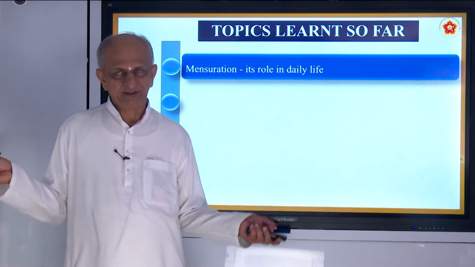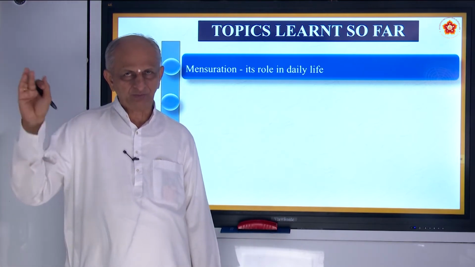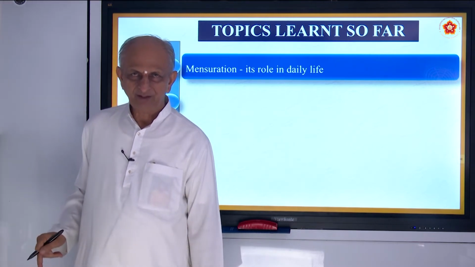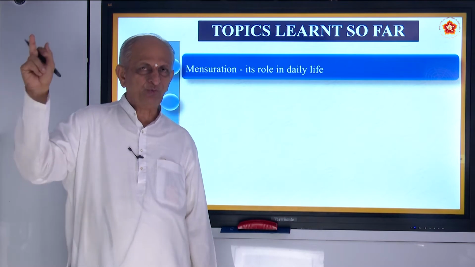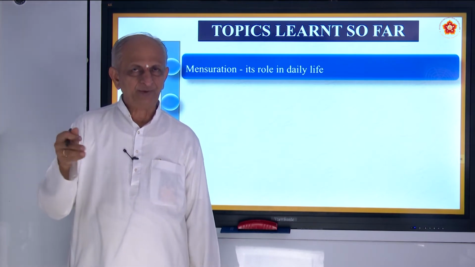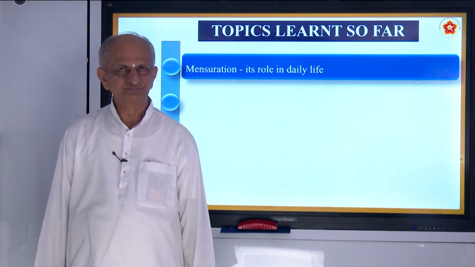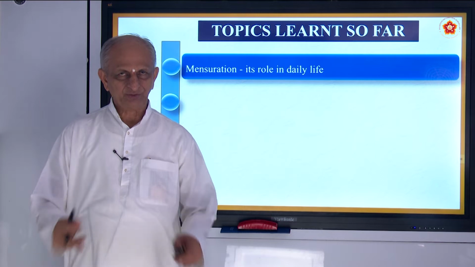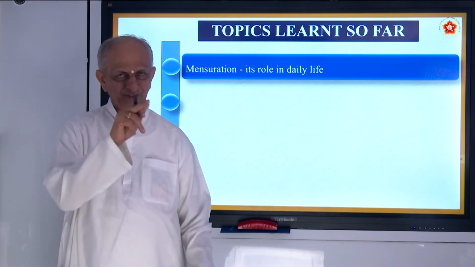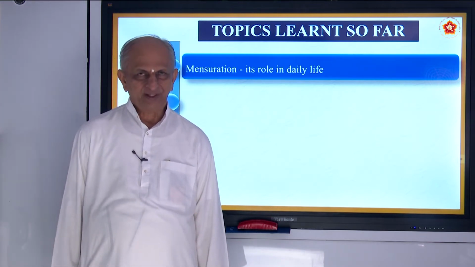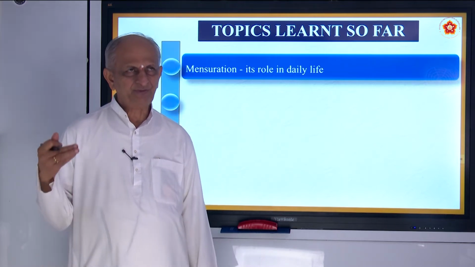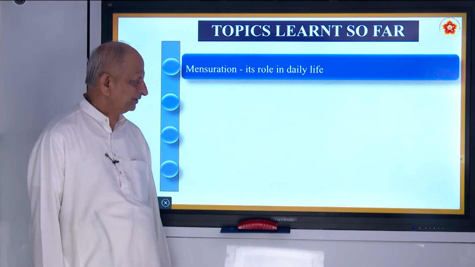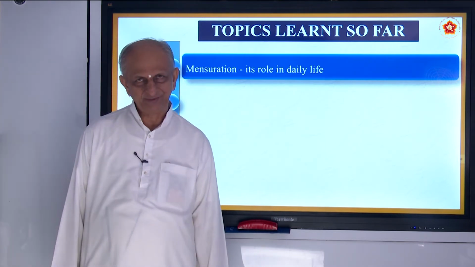Similarly, if you want to paint the walls of your classroom or walls of your house, you must know the length of the wall, breadth of the wall, then you know the area. So what amount of paint is required? Or if you want to do some drawing, you must know the area of the drawing sheet, correct? So this is a very, very important aspect, mensuration, and we measure in terms of square units.